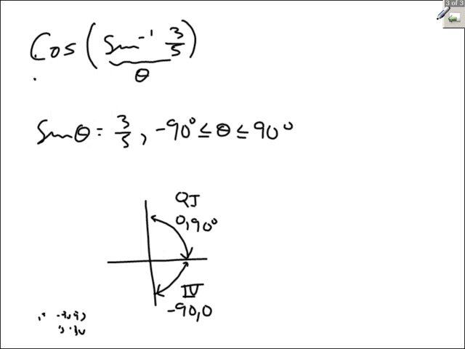Okay, so since the sine is positive, we're in quadrant 1. So we draw our picture in quadrant 1. We know the sine of theta is 3 over 5.